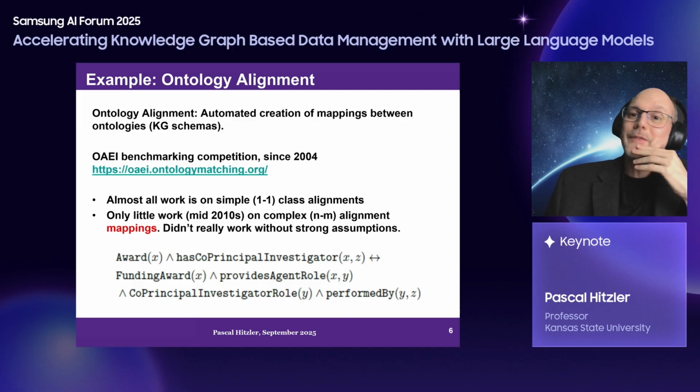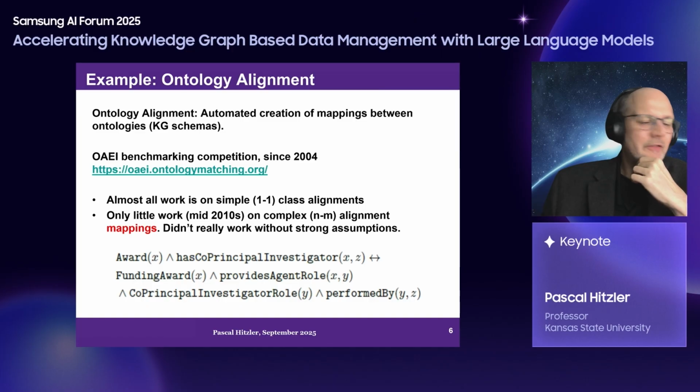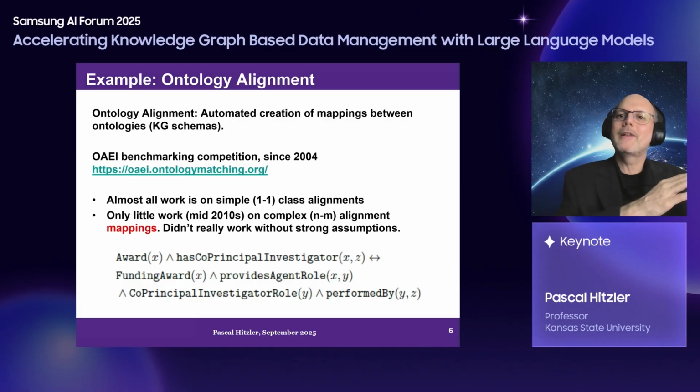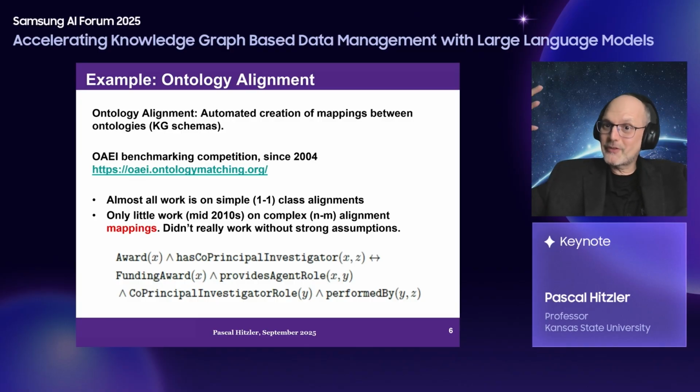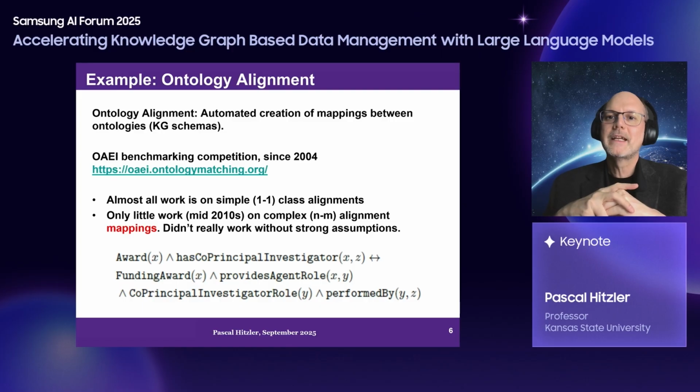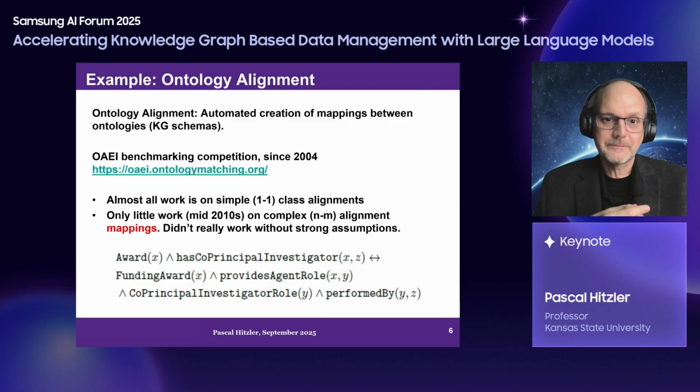Now, until recently, finding complex alignments was virtually impossible with automatic means unless you have really strong assumptions, like, for example, a shared knowledge graph with 2 schemas, which are just not realistic for realistic scenarios. So essentially, we didn't really know how to do it.